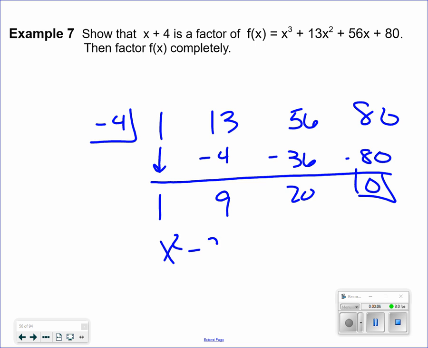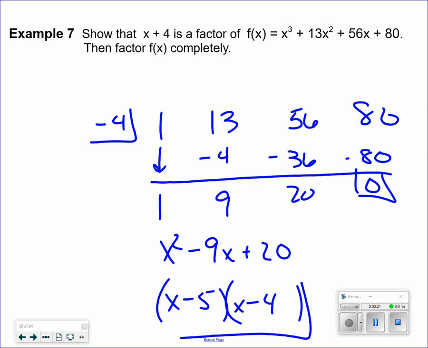Now they want me to take the answer and factor it again. So I take the answer and factor again. Factors of 20 that would get you -9 would be x minus 5 and x minus 4.